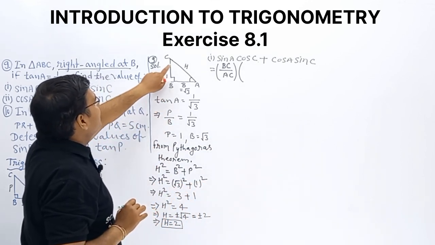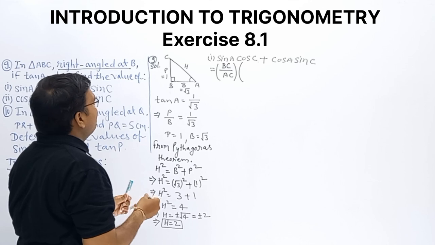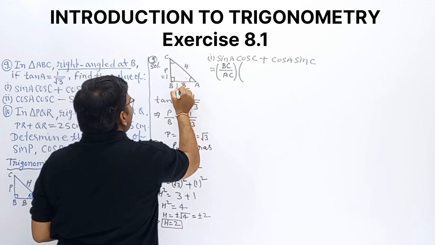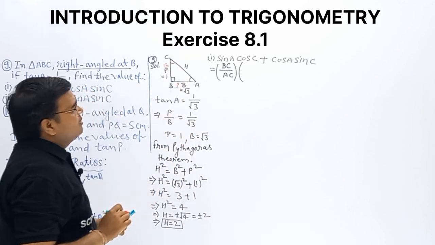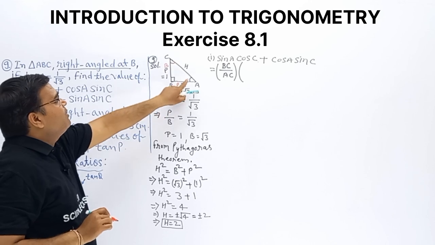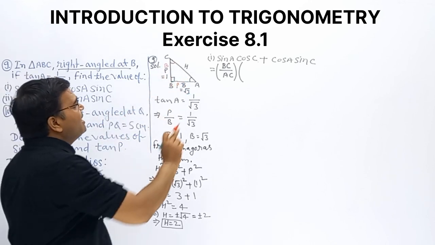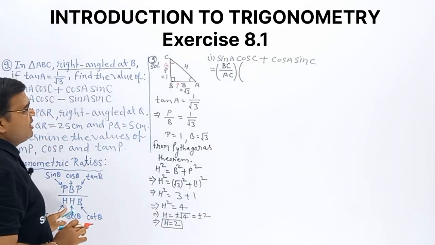Now for the cos C we will consider this as an acute angle. I am using a different pen. For this acute angle, this is the perpendicular and this will be base. Red for acute angle C and black for acute angle A. So there is cos C, and cos theta is base upon hypotenuse.